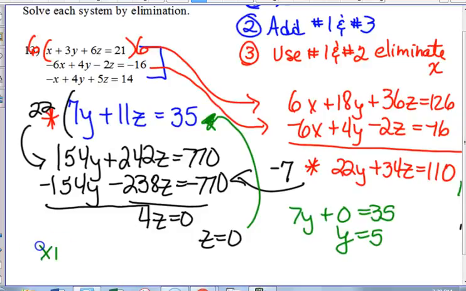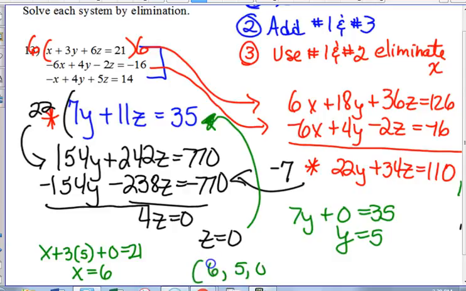So it will say x plus 3 times 5 plus 0 equals 21. 21 minus 15 is 6. So I got 6 and then 5 and then 0. If I check it in this one, I'd have negative 36 plus 20 is negative 16. That works. Negative 6 plus 20 is 14, plus 0 is 14, so it works, okay?